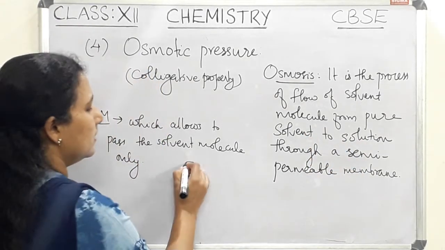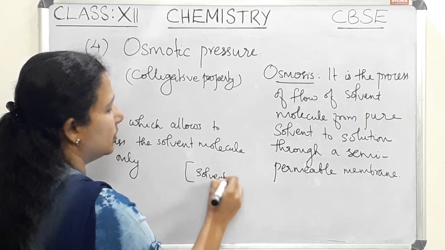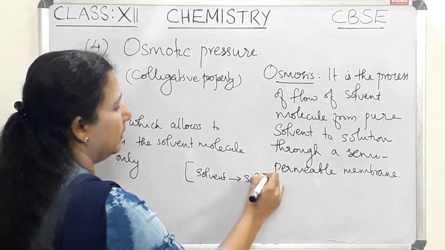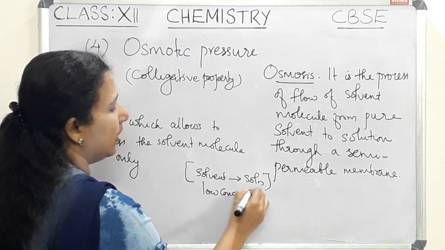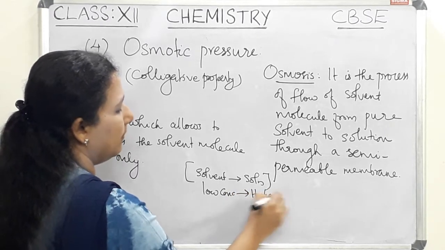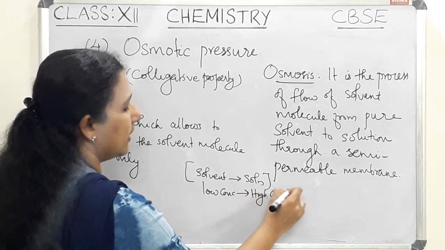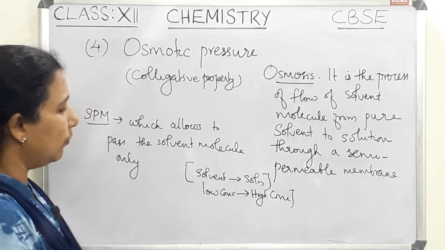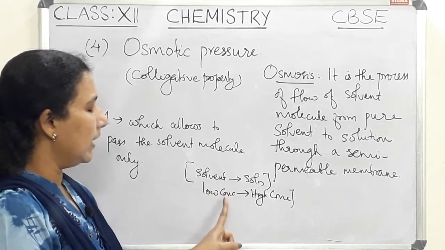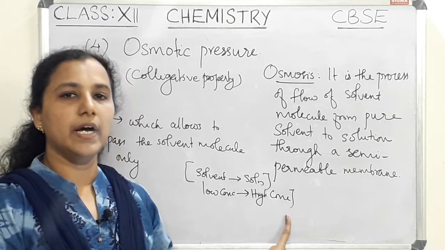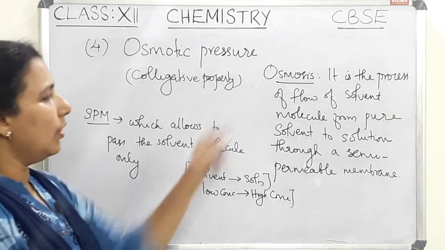That means the flow is from solvent to solution, from a lower concentration to a higher concentration. The solvent molecules are moving from a lower concentration to a higher concentration through a semi-permeable membrane. That is called osmosis.